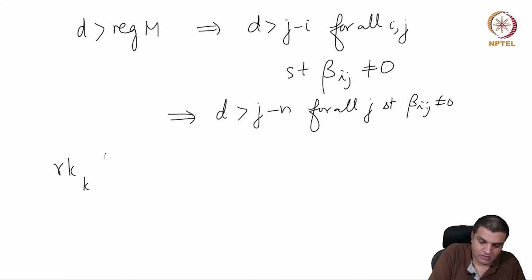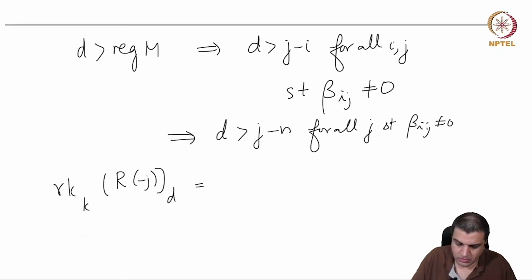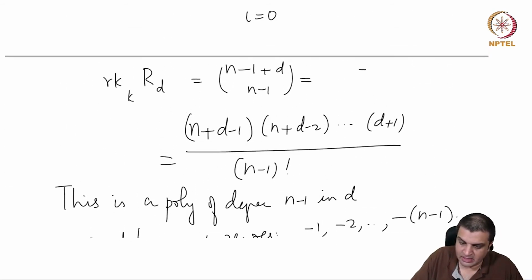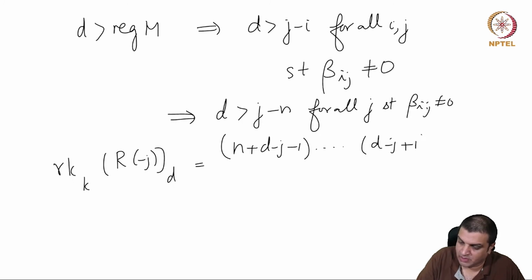The rank over K of R minus J in degree D is the same thing as degree D minus J. So we can put that in this expression: D minus J, n plus D minus J minus 1, all the way up to D minus 1, plus D minus J plus 1, divided by n factorial.